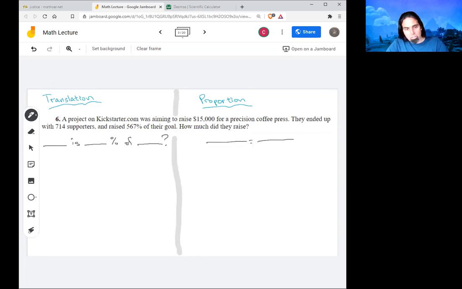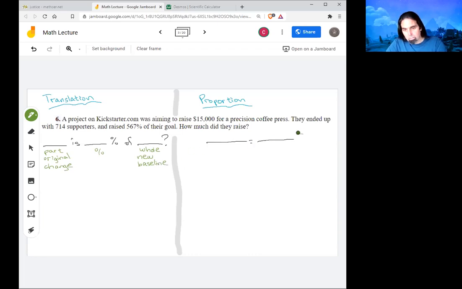So whichever way you do these, this again is the part, or original, or the change. That's the percent. And that's the whole, the baseline for comparison, something like that.